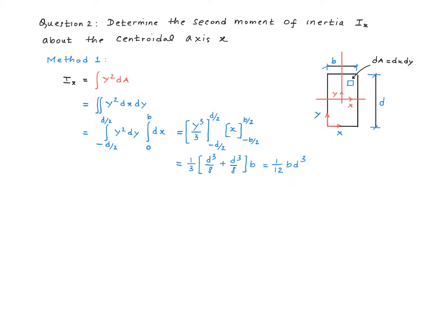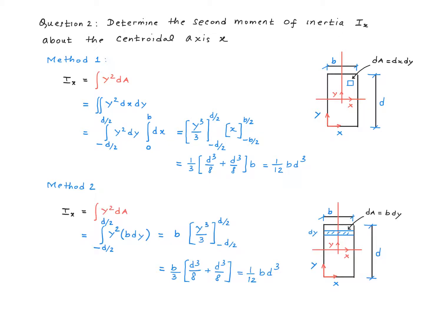The steps are very similar to what we did in the earlier slide. I'll let you follow. Just note the limits here. Limits for y is minus d over 2 to plus d over 2, and limits for x is minus b over 2 to plus b over 2. Also note that integration of y squared is y cubed over 3.